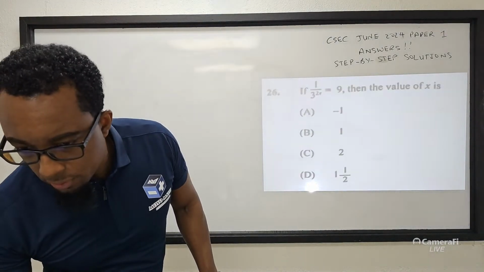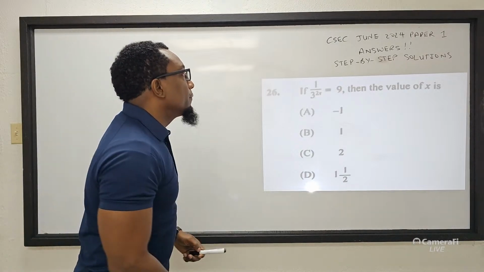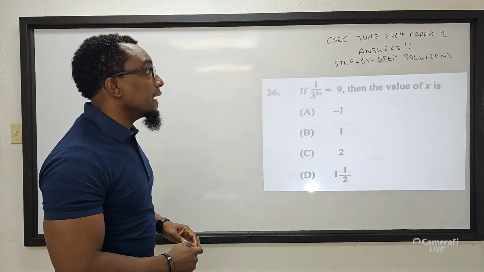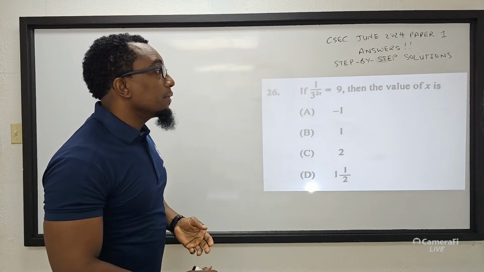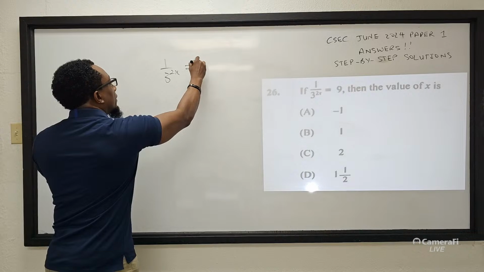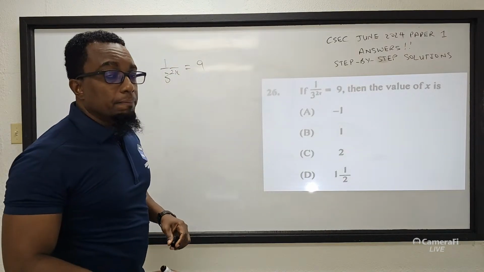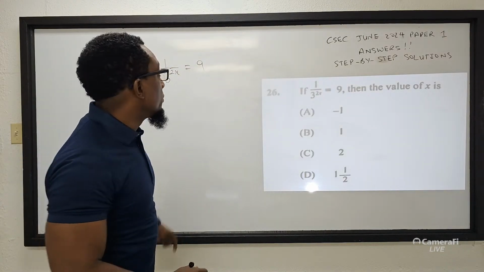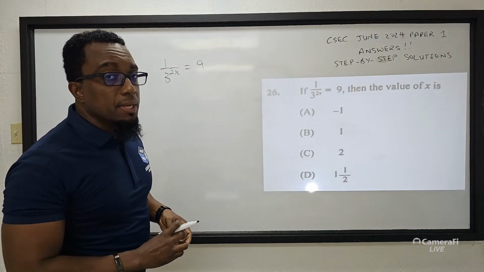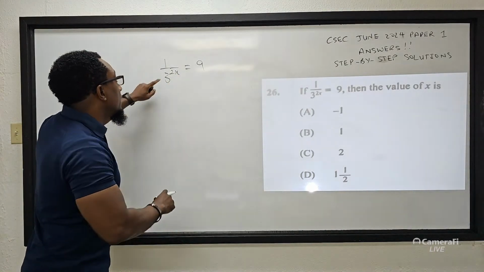So 26. If (1 over 3) raised to the power of 2x is equal to 9, then the value of x is. So what we have here is an equation in index form. You have to solve for x, and x is represented as a power, so this is an equation in index form.